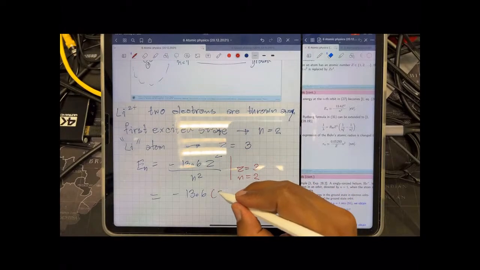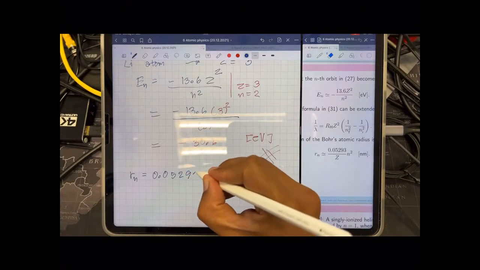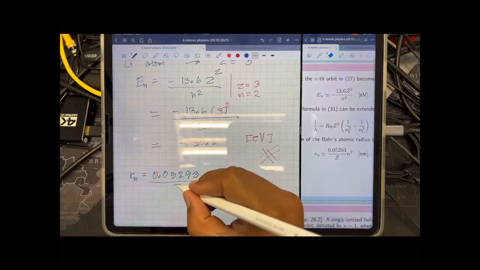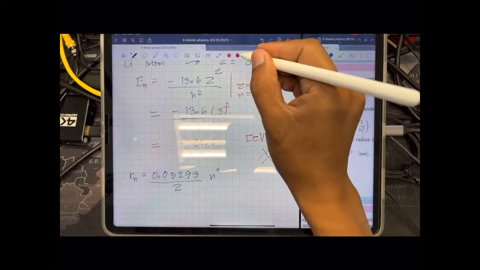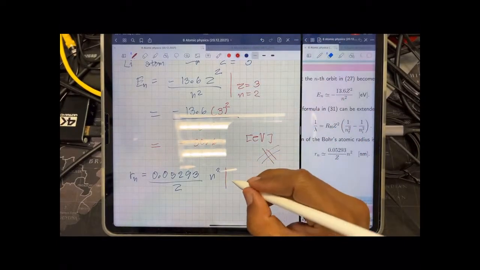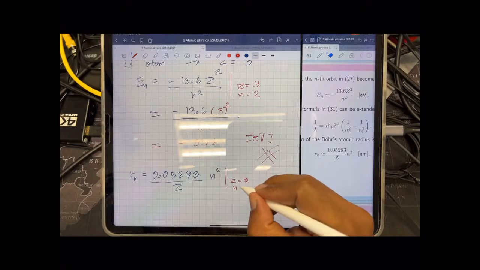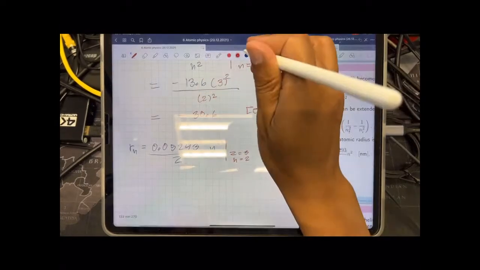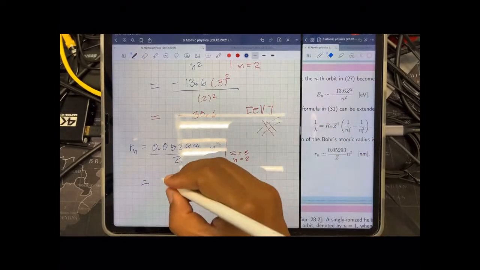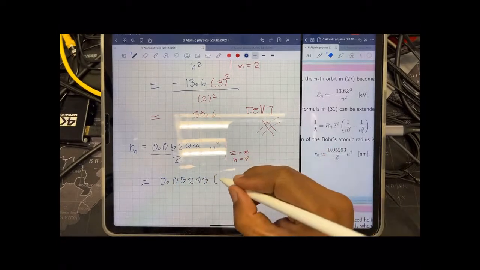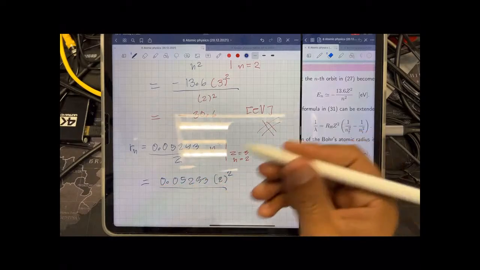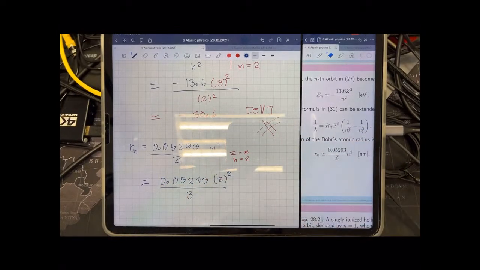In the same manner, for the radius we replace Z by 3 and n by 2, with 0.05293 and n equal to 2 squared, divided by Z, which is number 3. Let's compute it on the calculator.